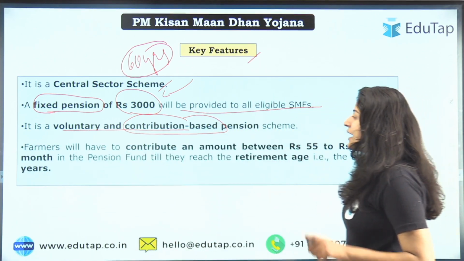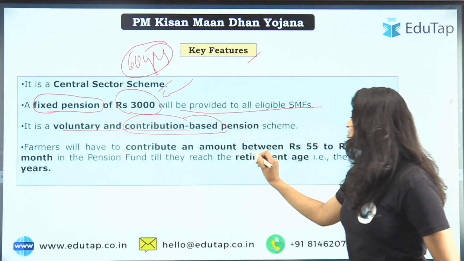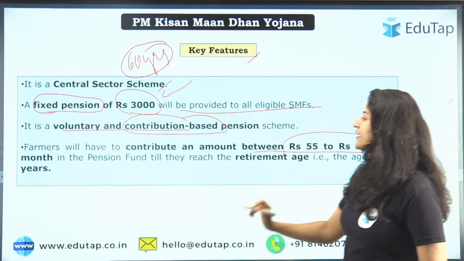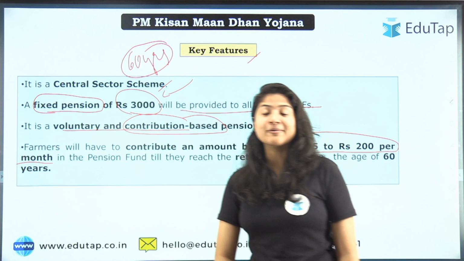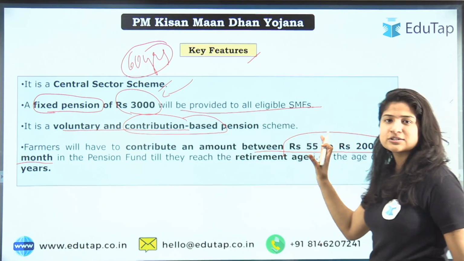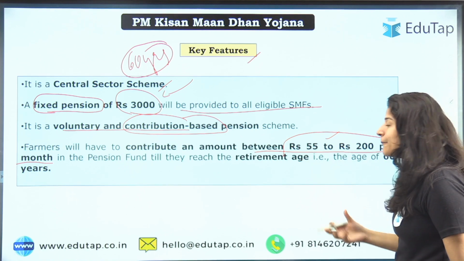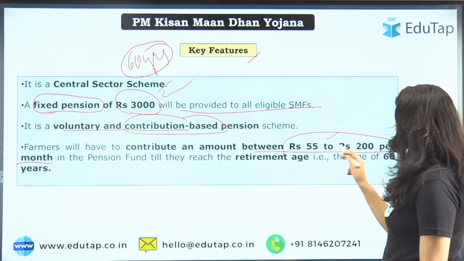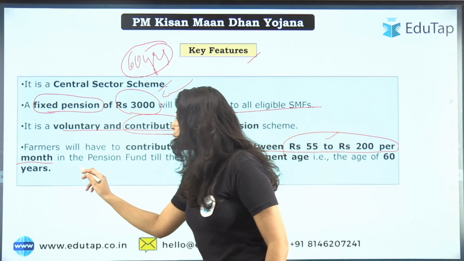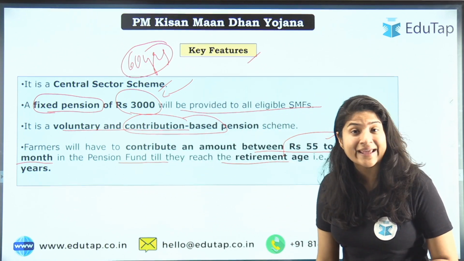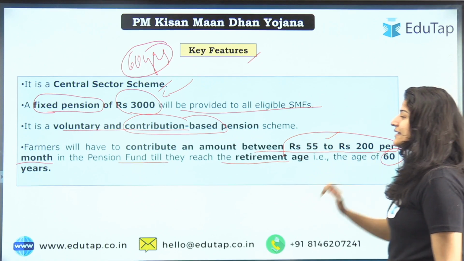Herein, the farmers would have to contribute an amount between rupees 55 to rupees 200 per month. It's their choice what they want to submit within this range. This goes into the pension fund until they reach the retirement age, which is 60 years.